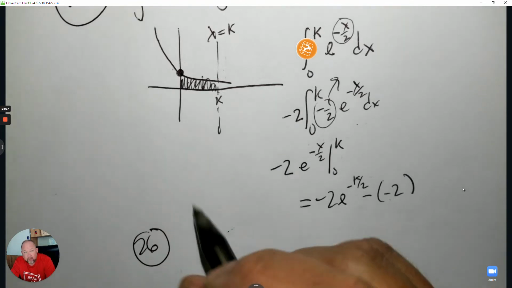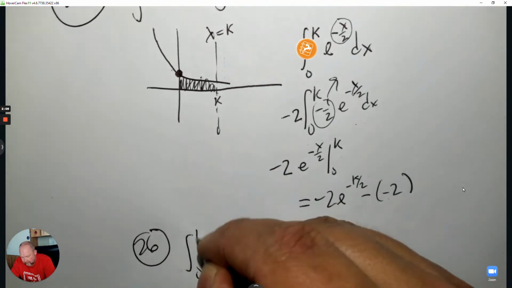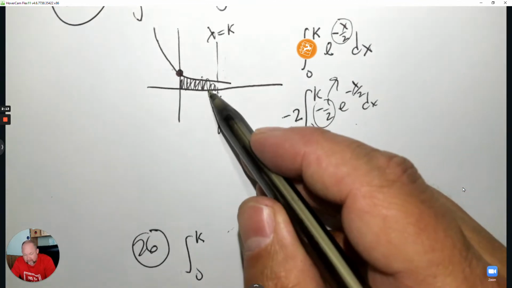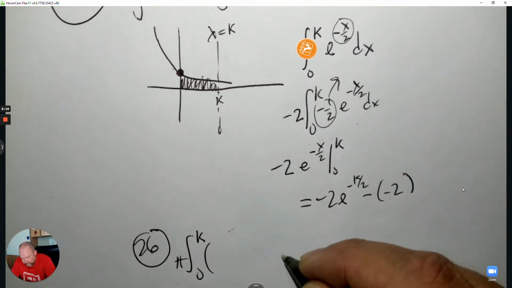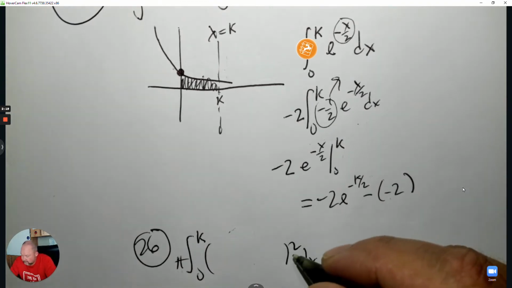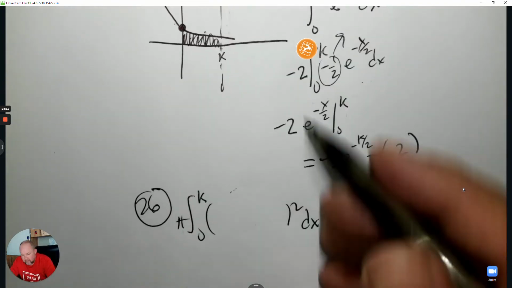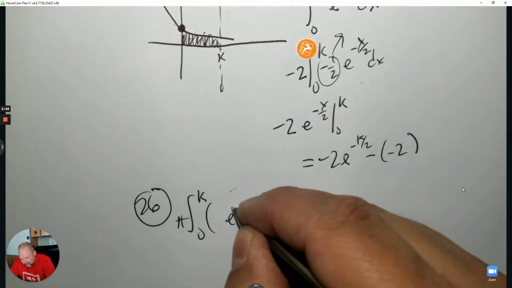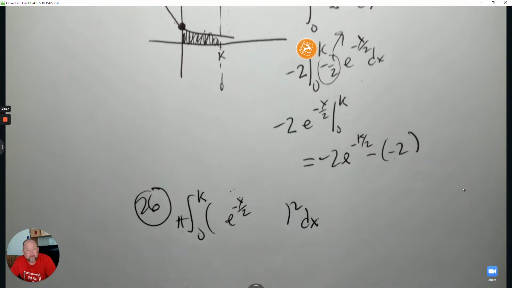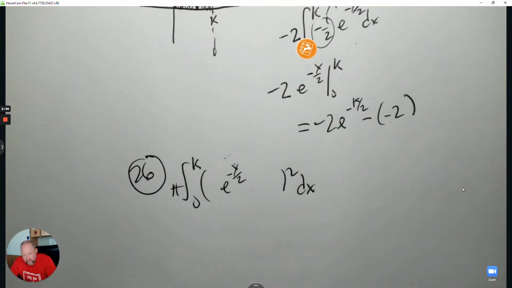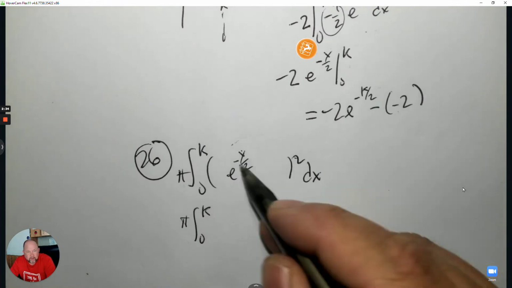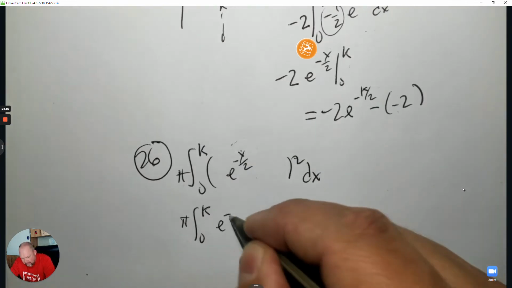26, we're going to find the volume of the same thing. So I'm still integrating by revolving around the x-axis. That's a circle. Again, top subtract bottom is just e to the negative x over 2. Clean this up a little. 2 times this just leaves me with e to the negative x.